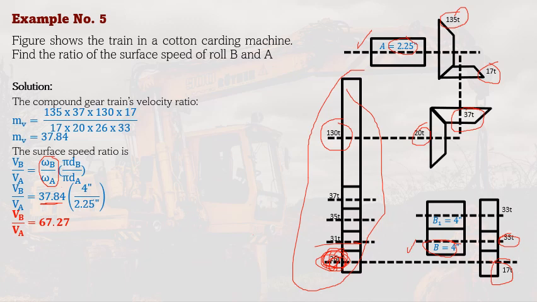Say, for example, A is rotating at 1 meter per second, then B is rotating at 67.27 meters per second. So this is another benefit of using compound gear trains in order to achieve the desired output speed for this cotton carding machine.